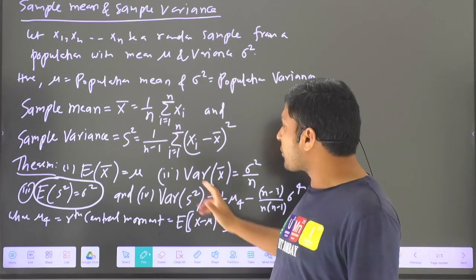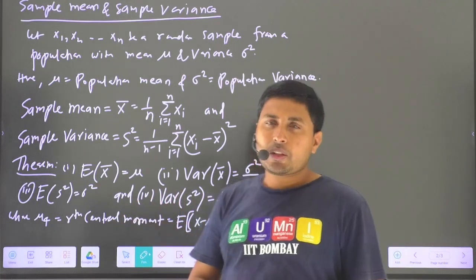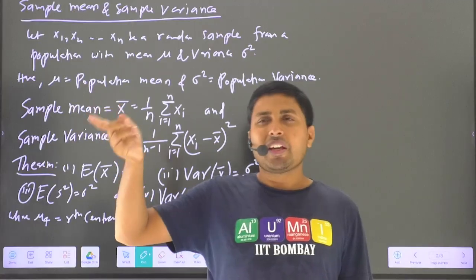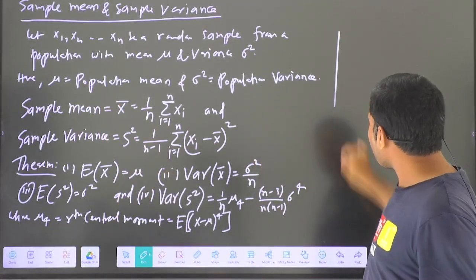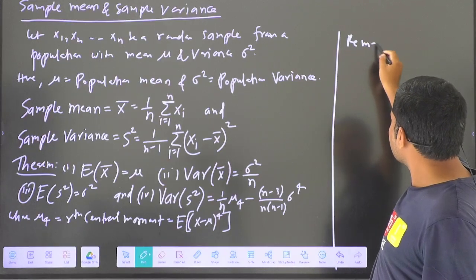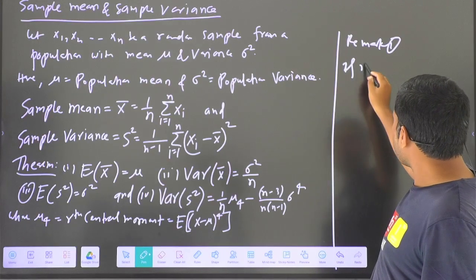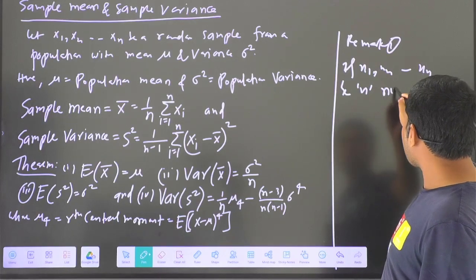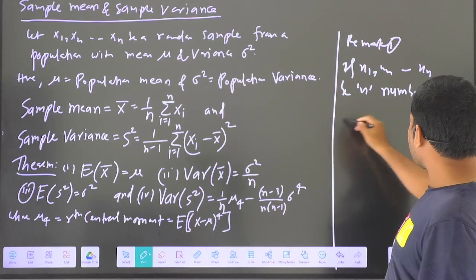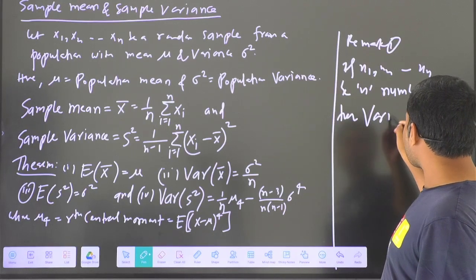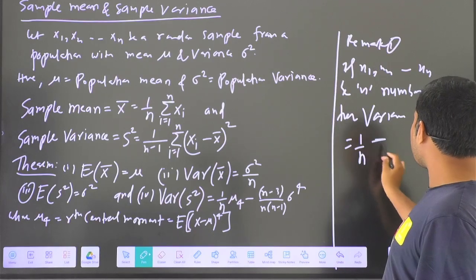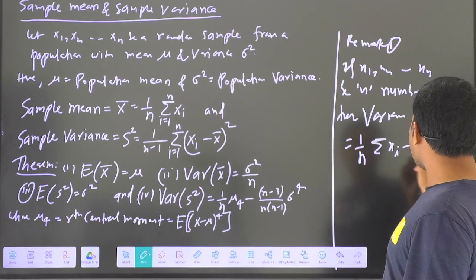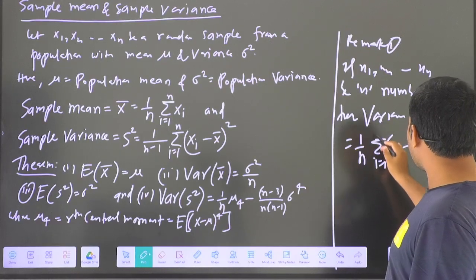But yes, sometimes, like in descriptive statistics, if you have a data set x1, x2, ..., xn, n numbers, and they ask you what is variance, here you define variance like this: xi minus x bar whole square, i from 1 to n.